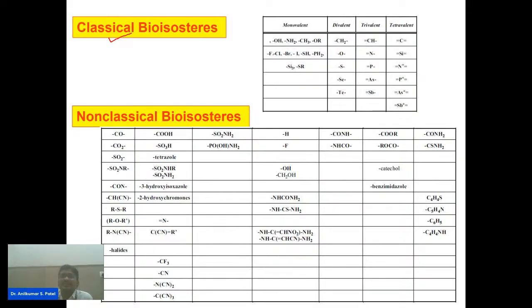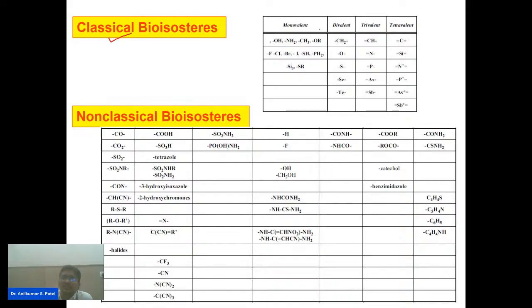Similarly, we can change a monovalent halogen to different halogens. For divalent groups, a CH2 group can be replaced with oxygen, sulfur, or selenium, meaning the valency remains the same. It is called a classical isostere. Similarly, we can prepare trivalent alkyne, nitrene, nitrile, as well as tetravalent substitutions. So this is called the classical isostere.